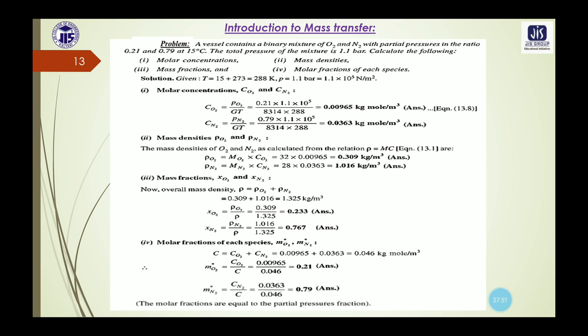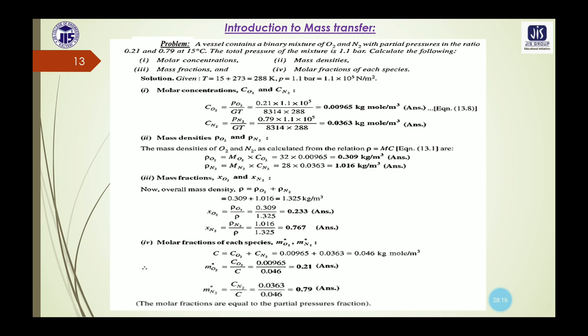The formula for the molar concentration of oxygen, C_O2, equals P_O2 by RT. Now this P_O2, the partial pressure of oxygen, is given as 0.21, and this R and T are also known to us.